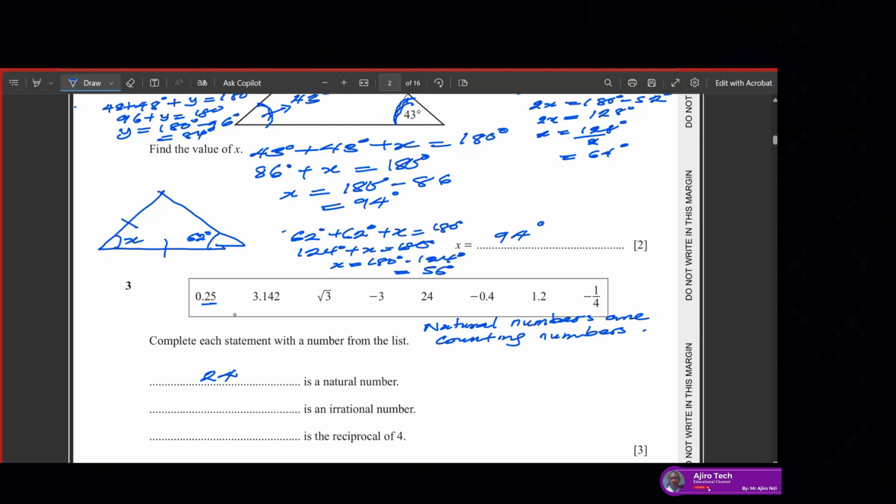So look at all of this. We have this decimal terminates, this also terminates, this terminates, this one will terminate. But if you look at root of 3, press that on your calculator. 1.732050. Can you see? It's an endless decimal. If there's still space on your calculator, it will keep giving you other numbers.